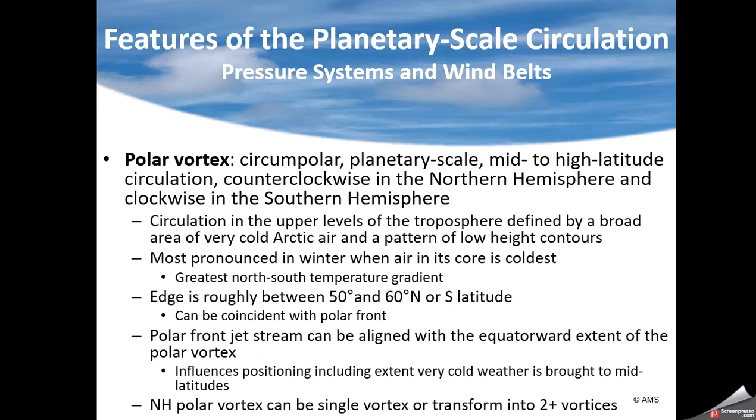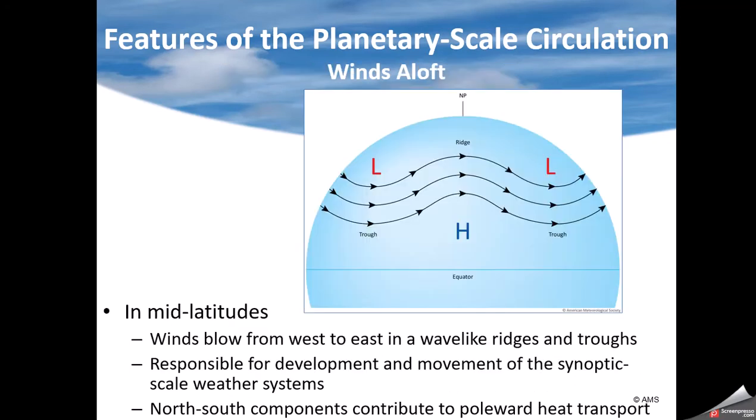There's a polar vortex up by the poles, circumpolar vortex. Very cold in the wintertime and summertime even, but in the winter especially. And you get it at the North and South Pole. And in the mid-latitudes, you get this wavy pattern of winds flowing across from west to east.